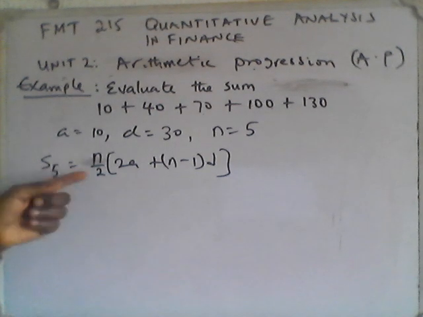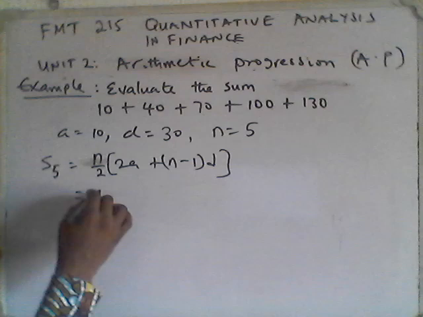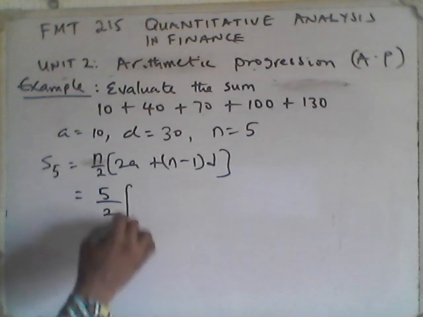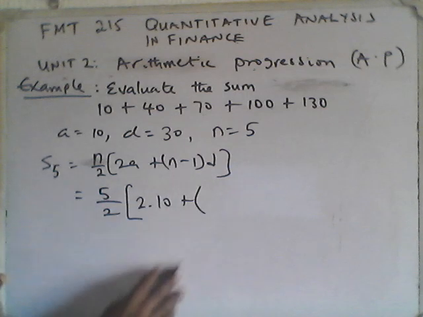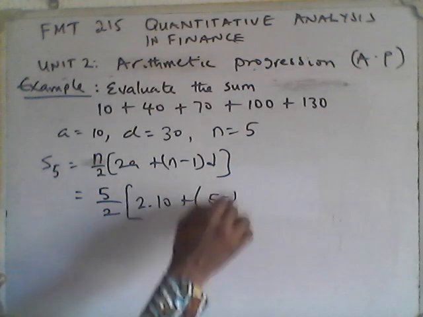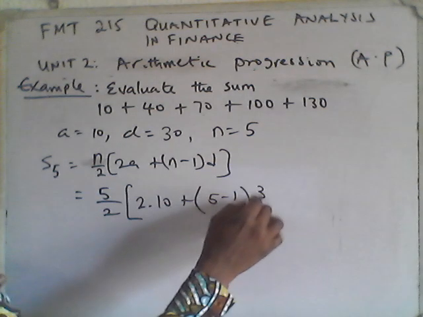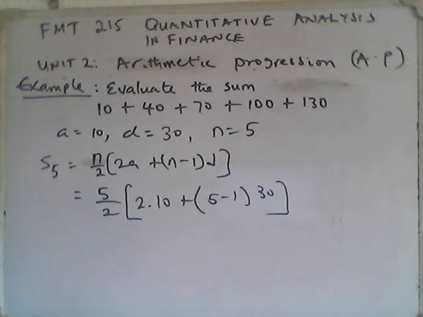I know that n is 5, so I put 5 there over 2. Then I have 2a, 2 times 10, plus n, which is 5, minus 1. Then the common difference is 30. So just plug in all the values into the formula.